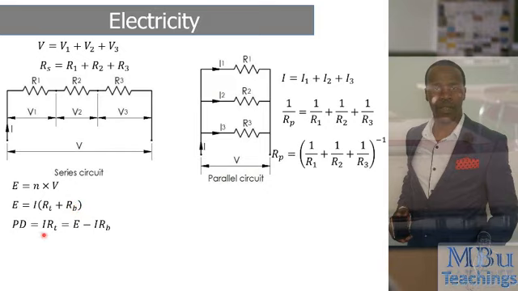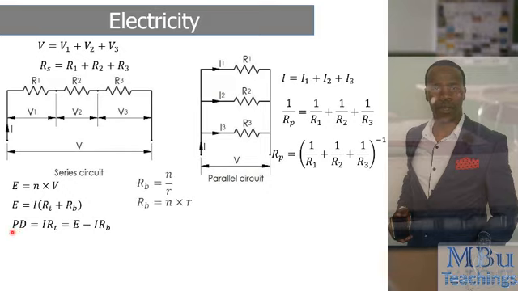Or we can just say electromotive force minus I times RB, not times this one. So it will be I times RB. If we subtract that from electromotive force or EMF, we will get potential difference. That's how we can get potential difference.